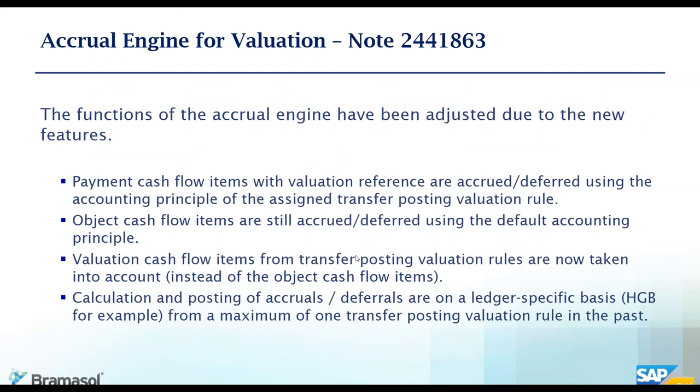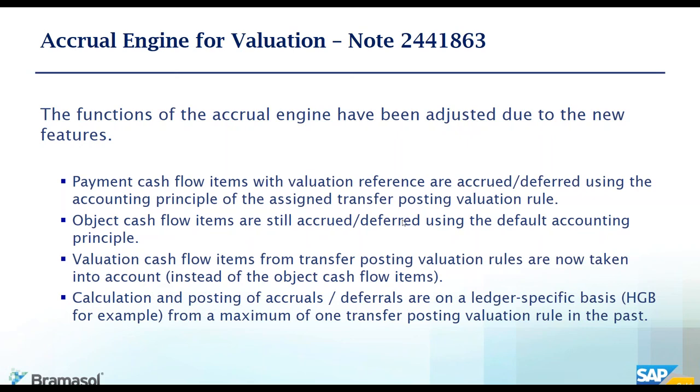As we work with our co-innovation customers, something that we talked a lot about was the ability to generate non-standard accruals for payments. If you think about the scenario that I have a rent payment that's made annually, for example, while I may evaluate that on a monthly basis, I need to be able to also generate my accruals for my payments.